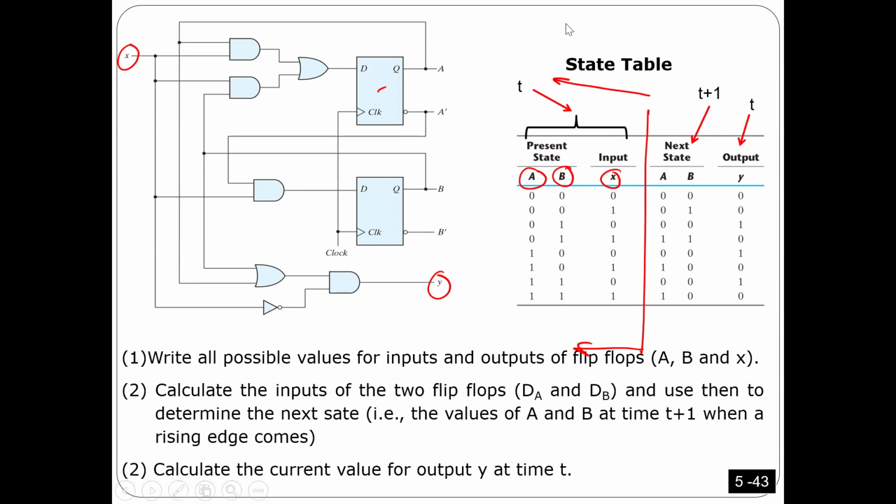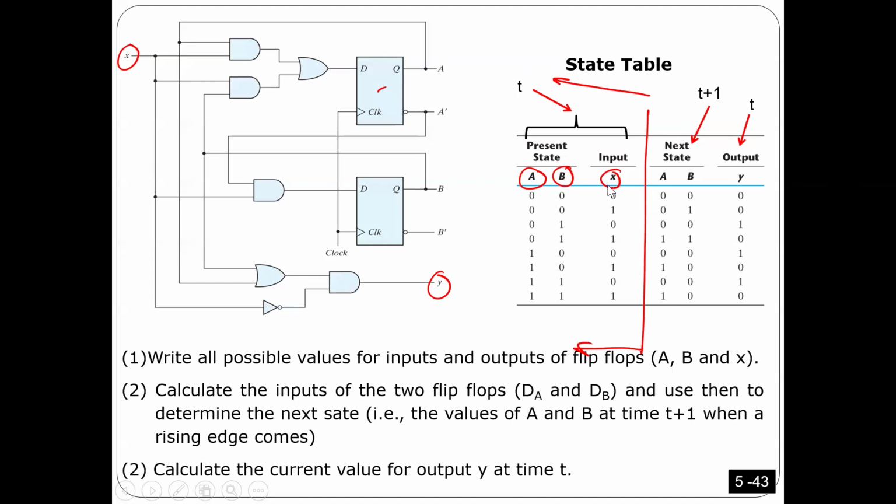In this case, I have only 2 flip-flops, so I'm going to write A and B. I have only one input, so I'm going to put X. Maybe in another circuit you're going to have 3 flip-flops, so it's going to be A, B, C. Maybe you are going to have 3 inputs, so X, Y, Z, and so on. Whatever inputs you have, whatever flip-flops you have, you put them here.